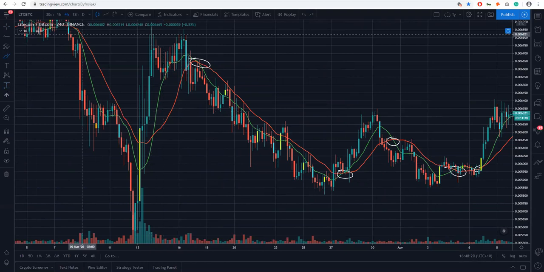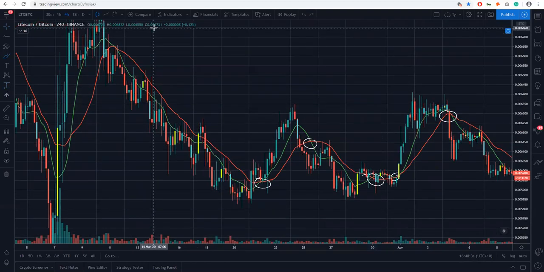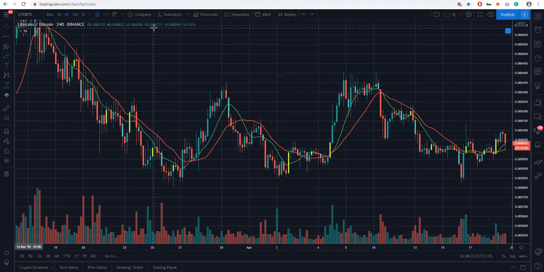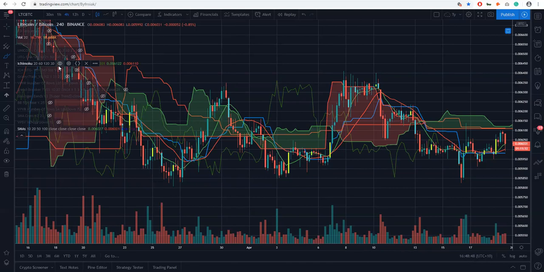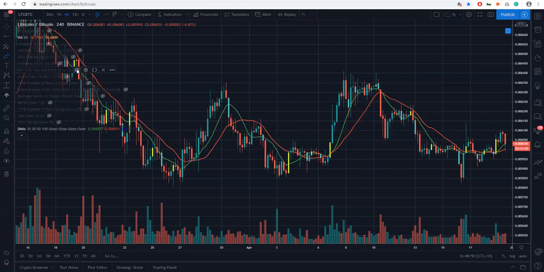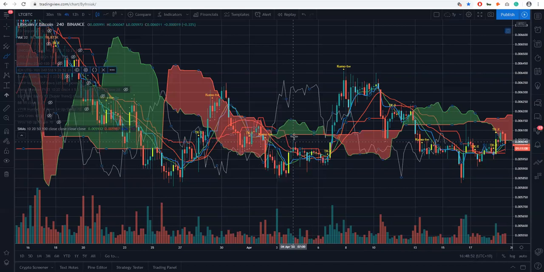Of course, as we always say, use your levels of support, resistance, trend lines. You're baking a cake. We're laying it on. We're simply using the SMAs or the EMAs as levels of confluence for whether an entry or an exit is valid.